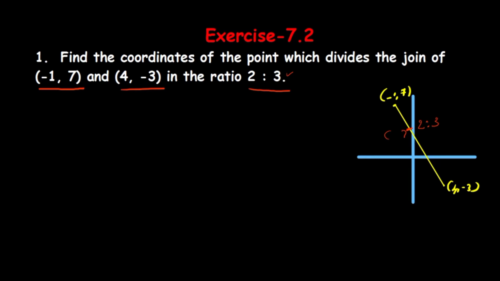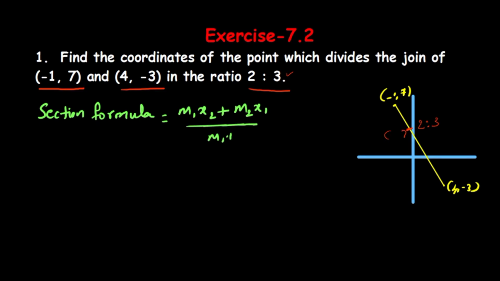To find this, we should use one important formula, that is called the section formula. So what is the section formula? The section formula is (m1 x2 plus m2 x1) divided by (m1 plus m2), and (m1 y2 plus m2 y1) divided by (m1 plus m2).